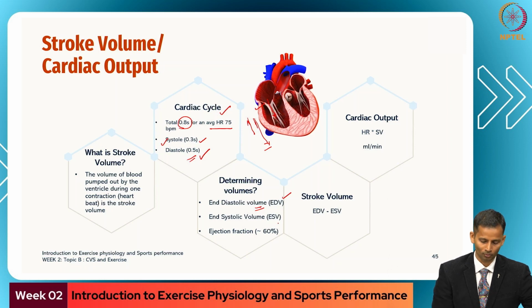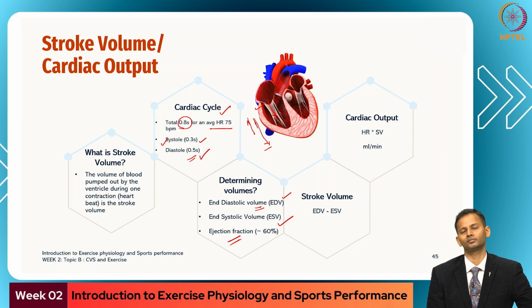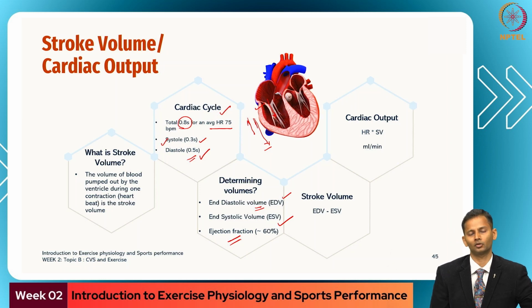So the volume of blood that is present within the left ventricle after the completion of the systole is called the end systolic volume. Now come to a third concept called ejection fraction. What is this ejection fraction? You understand the stroke volume, that is the amount of blood that is sent out.